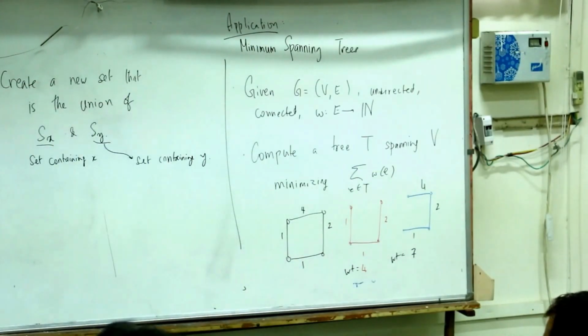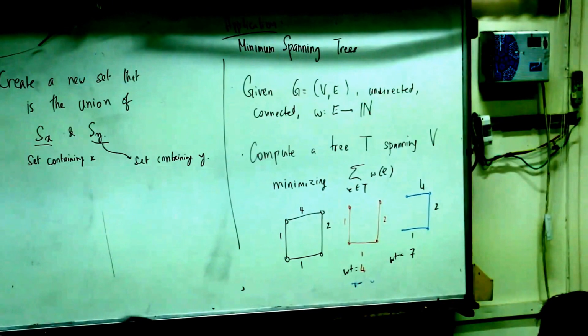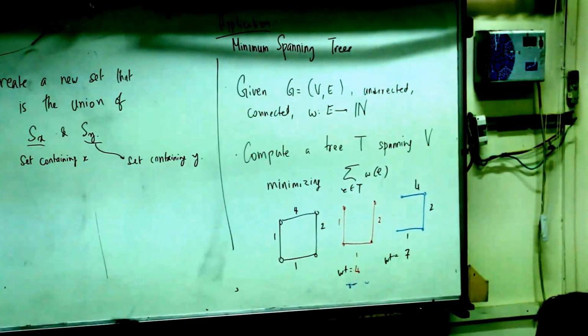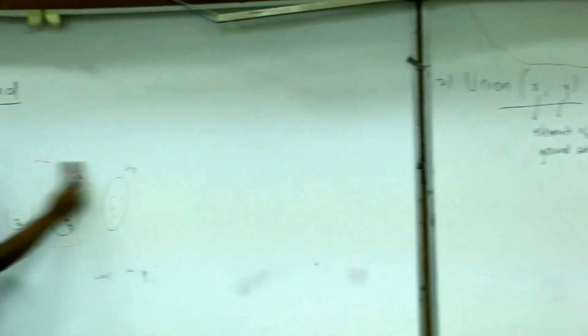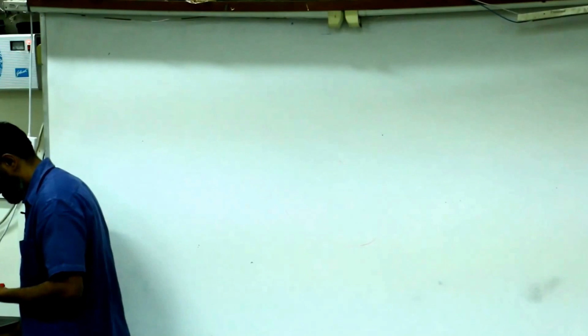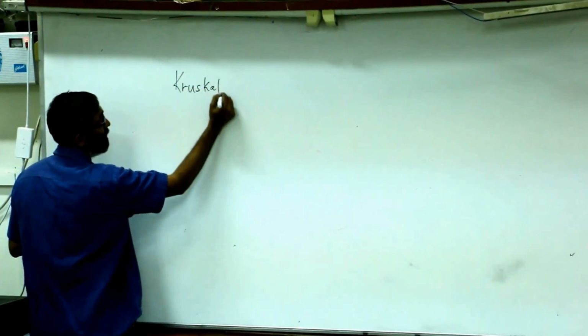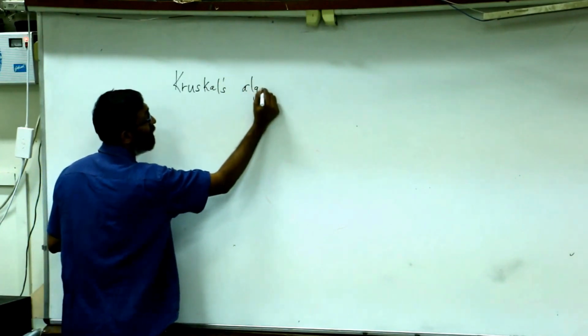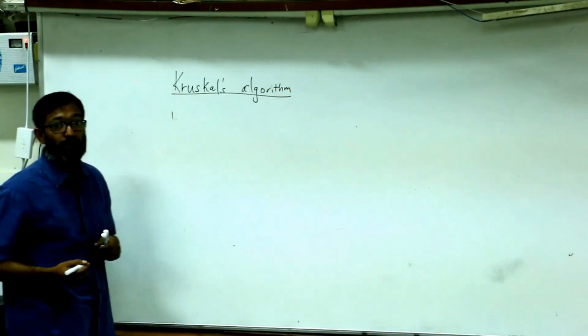There are two classic algorithms that we all know, which are Prim's algorithm and Kruskal's algorithm. So let me quickly tell you Kruskal's algorithm. It works as follows.